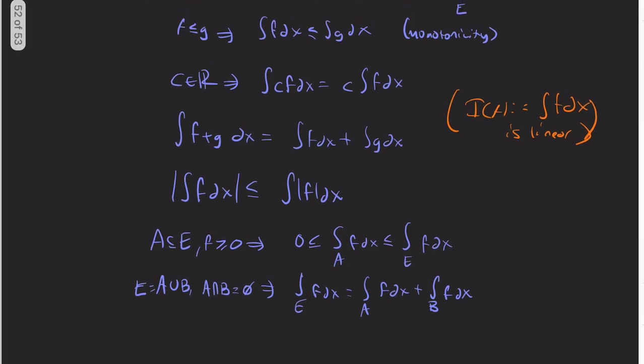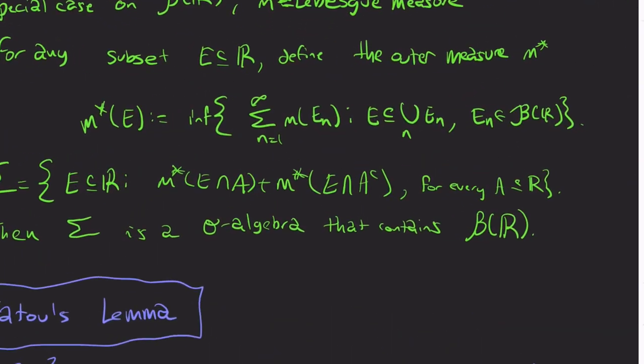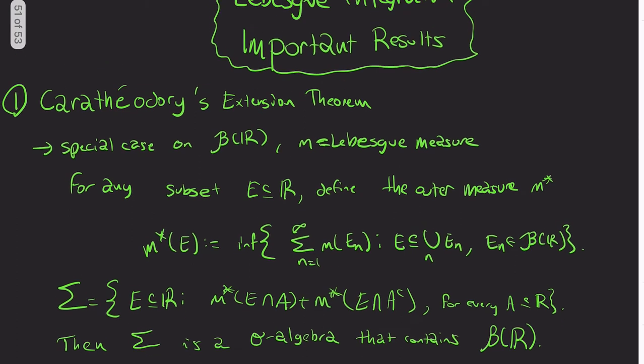And then similarly, if I give you that a set E is a disjoint union of measurable sets, then I can just split across that union. So those are basic properties. And now I'll state 5 major theorems that come up over and over.